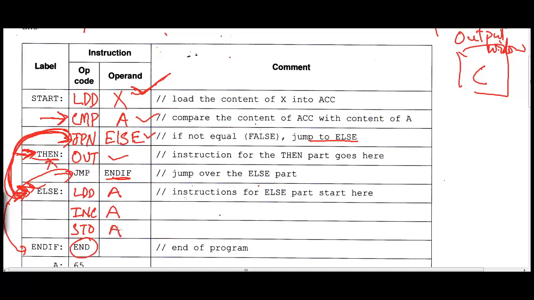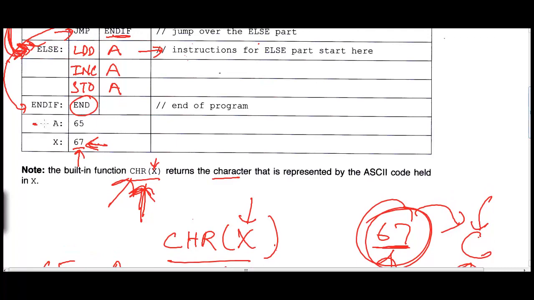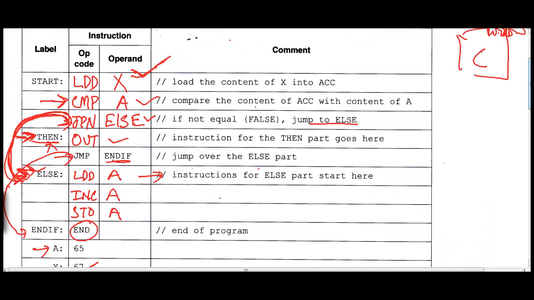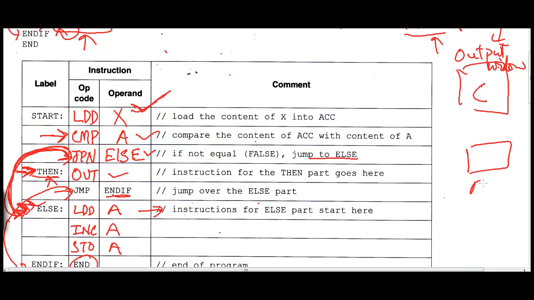So let me show you what happens. When this instruction is carried out, LDD a, then a is holding this value 65. So 65 is going to be loaded into the accumulator. Then this instruction is going to execute. This is going to add 1 to the value of 65, which is going to make it 66. Then this instruction is going to execute.